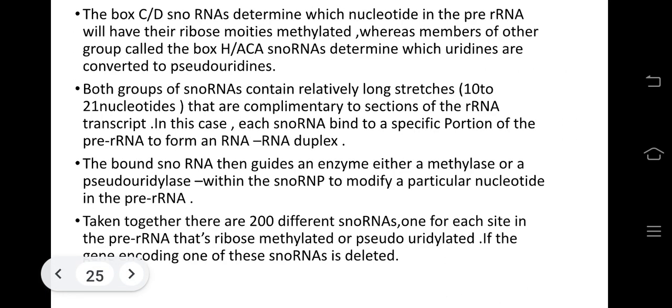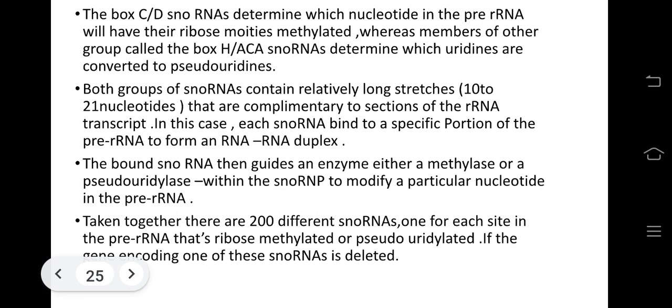The box CD snoRNAs determine which nucleotides in the pre-rRNAs will have their ribose moieties methylated, whereas members of the other group, called the box HACA snoRNAs, determine which uridines are converted to pseudouridines. Both groups of snoRNAs contain relatively long stretches that are complementary to sections of the rRNA transcript. Each snoRNA binds to a specific portion of the pre-rRNA to form an RNA-RNA duplex.